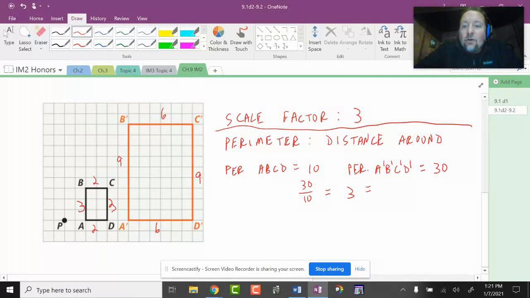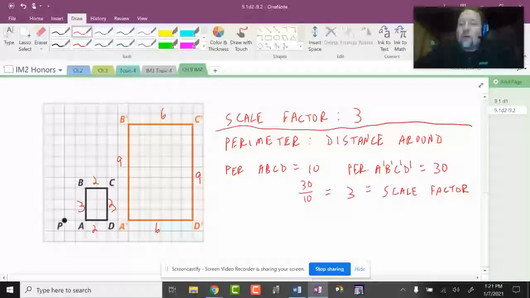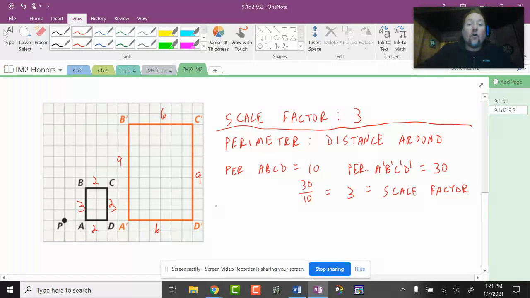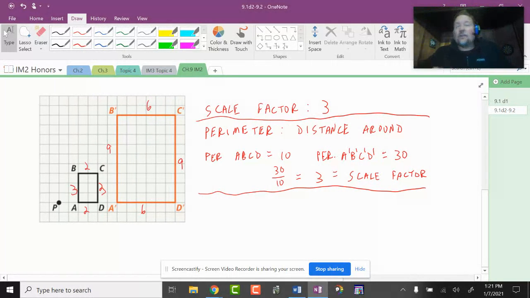The perimeters ratio is equal to the scale factor originally thrown out there, from when we compare all of those sides. That is an always.